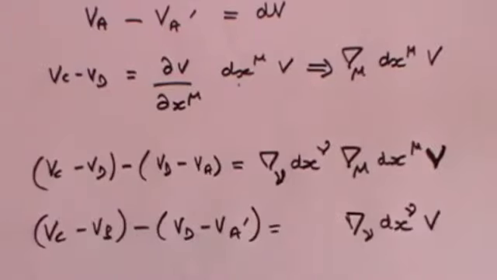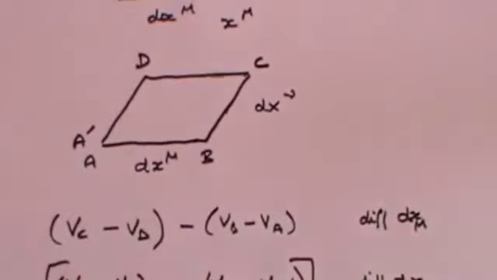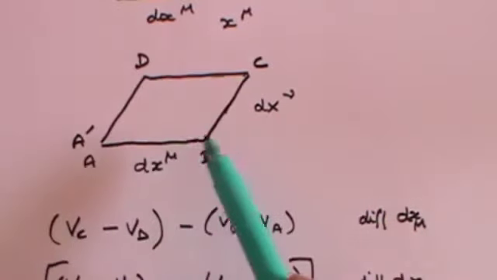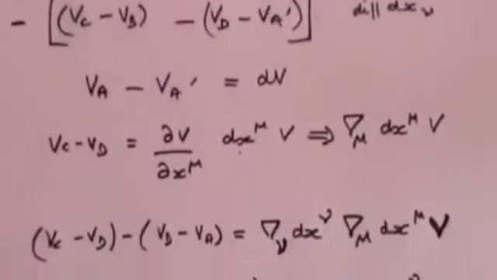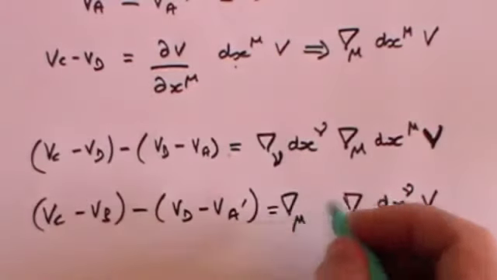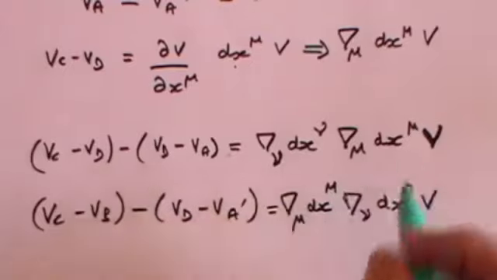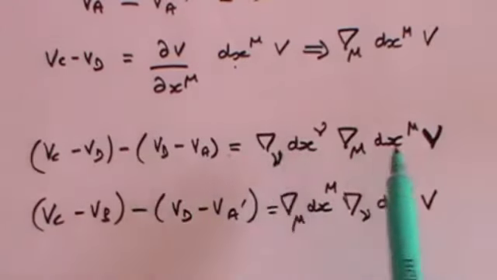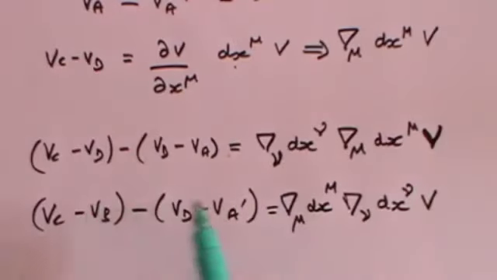But this subtraction means that you're looking at the difference between this line and this line, separated by dx mu. So you're essentially applying another differential, but this time in the mu direction. So we've now got that term is essentially that term, and this term is essentially this term.